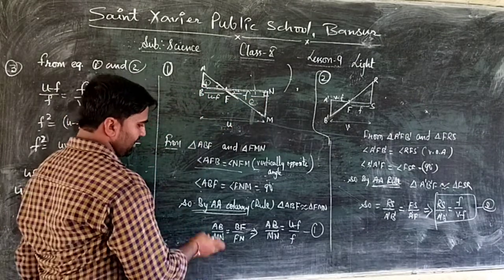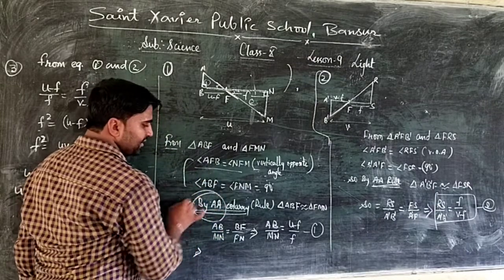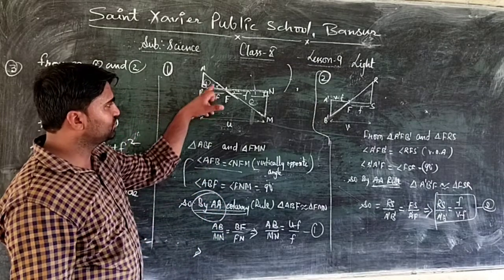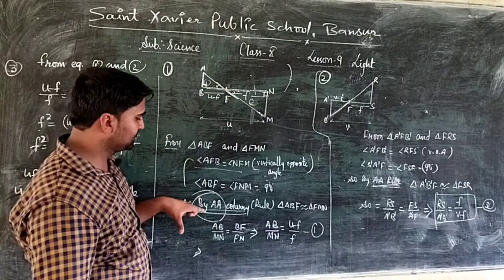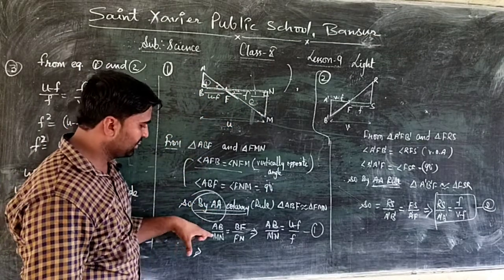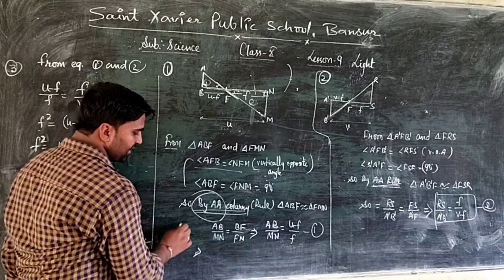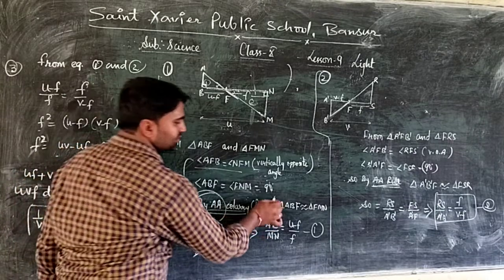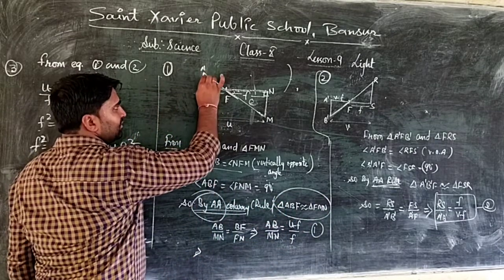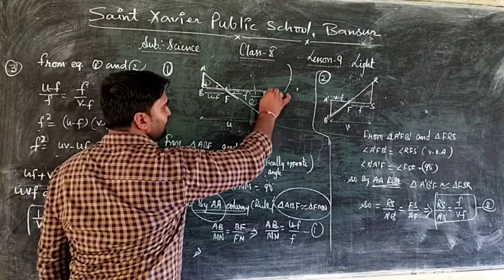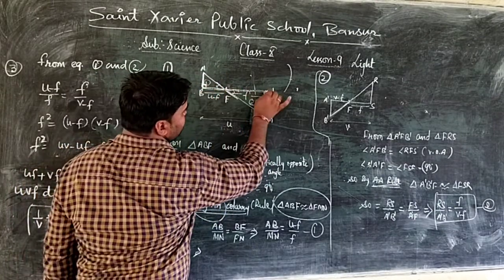Okay, so next, by the AA criterion, I told you that if you want to show that both triangles are similar, then you can use the AA rule. So now, because both triangles are similar, I can write this side ratio this side equals this side ratio this side.